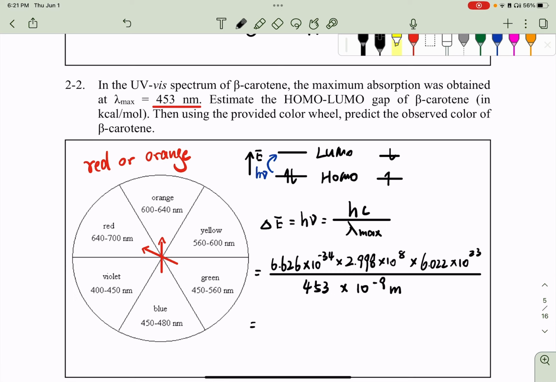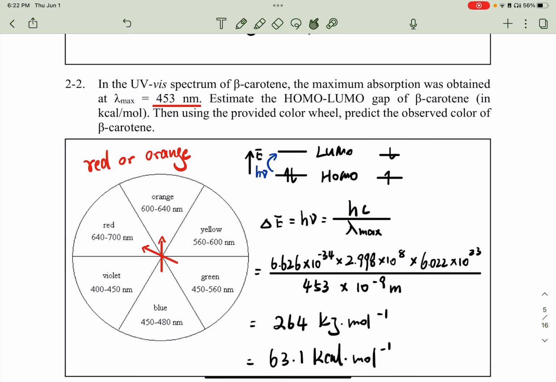You plug in the numbers to the calculator and get 264 kilojoules per mole. We can translate that into calories, about 63.1 kilocalories per mole. Most of you were able to get this problem correct, which is good.